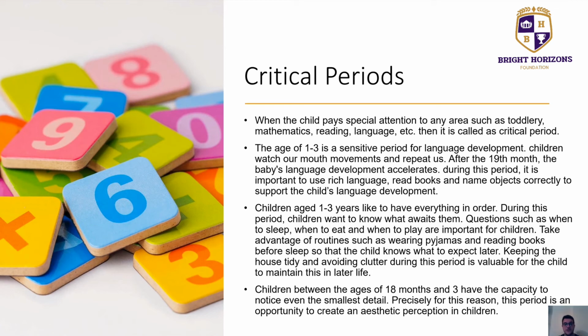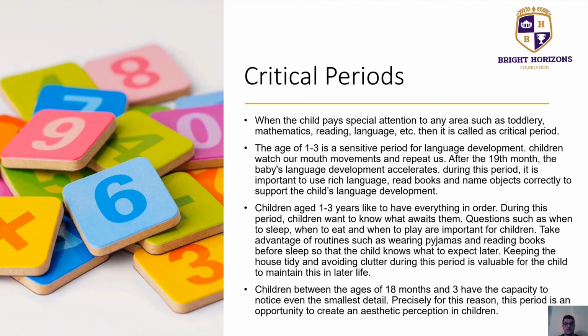Children aged between 1 and 3 years like to have everything in order. During this period, children want to know what awaits them. Questions such as when to sleep, when to eat, and when to play are very important for the children. Take advantage of routines such as wearing pajamas and reading books before sleep so that the child knows what to expect later.